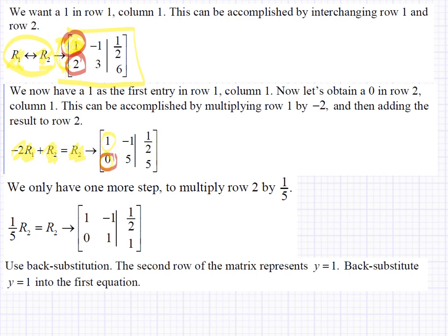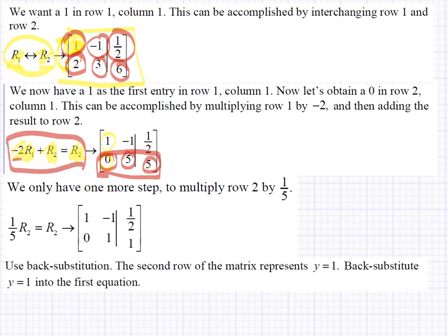I'll take this, multiply it by -2, and add it to this value here, giving me 5. I'll take this, multiply it by -2, which would give me -1, then add it to this value, giving me 5. So the entire row 2 has now been changed by simply using this particular operation. Again, -2 times row 1 plus row 2 gave me my new row 2. And I did that for every single value.